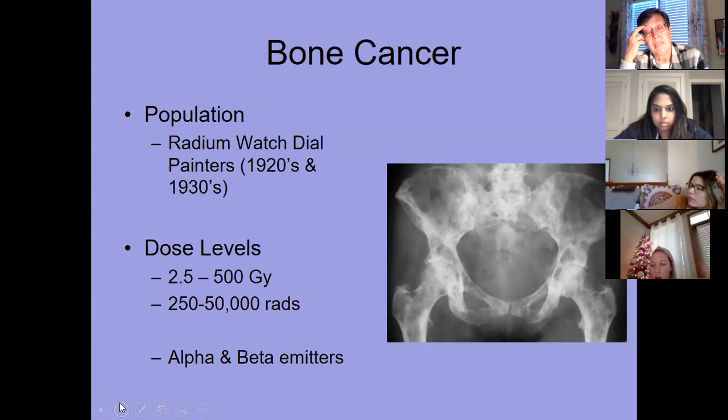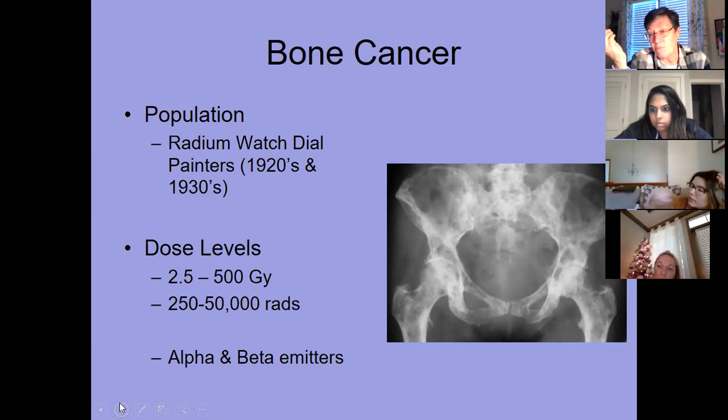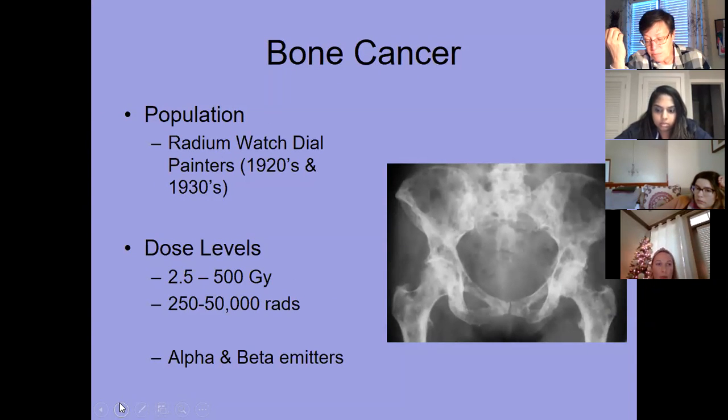Bone cancers. And bone cancers typically are sarcomas. Now, when we think of bone cancers, we do typically think of the radium watch-dial painters. However, some atomic bomb survivors also developed bone cancer.